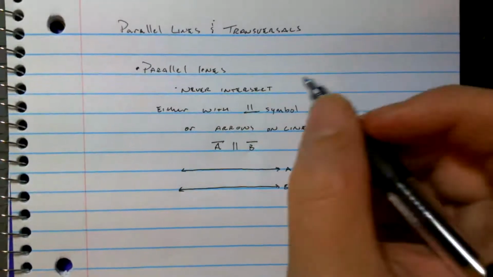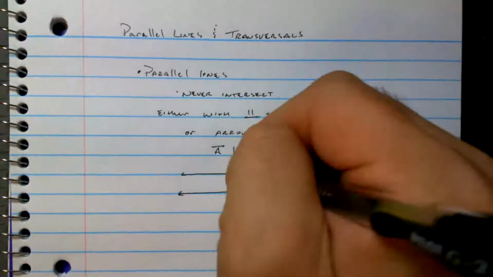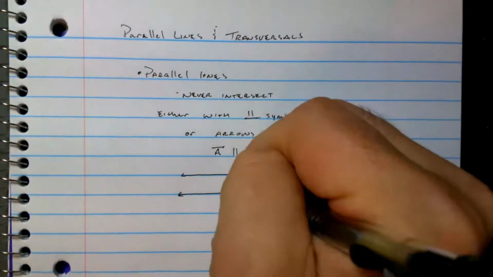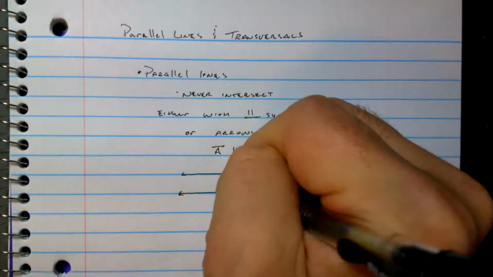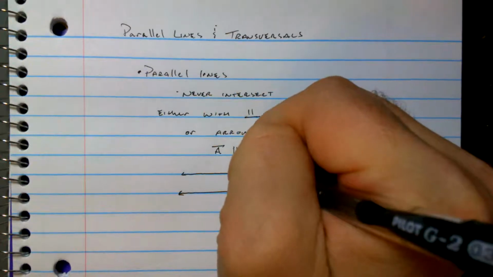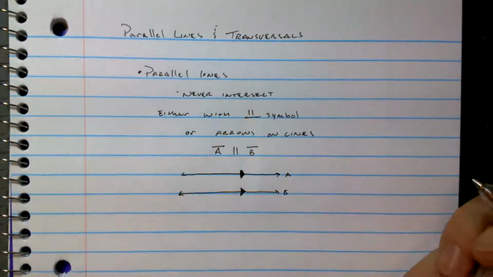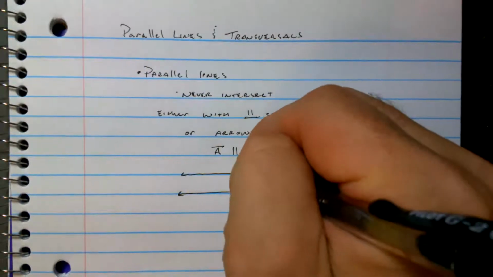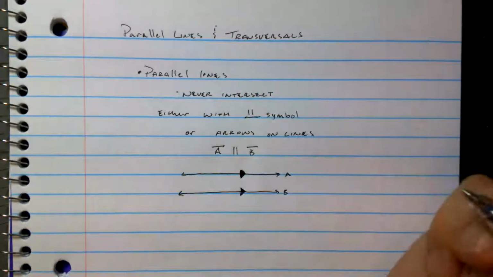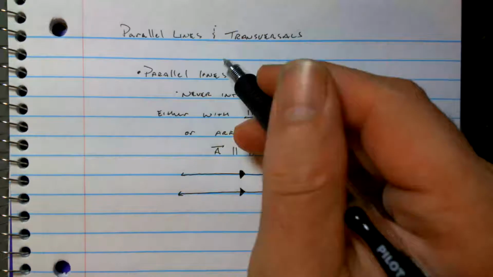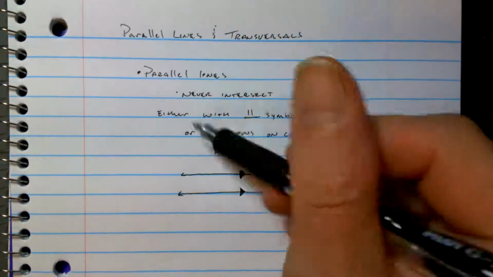So we are being told they are parallel, but they could also indicate that by drawing little arrows on the lines. If you see something like that, that is an indication that these two lines are parallel as well without being given that information. So if we see these two arrows, that's what's going to tell us they are parallel. So these two are parallel lines. Well, we should know that, and we should be able to identify parallel lines.